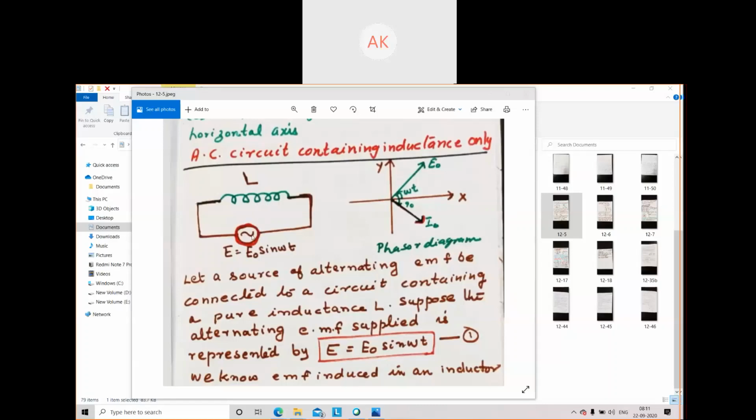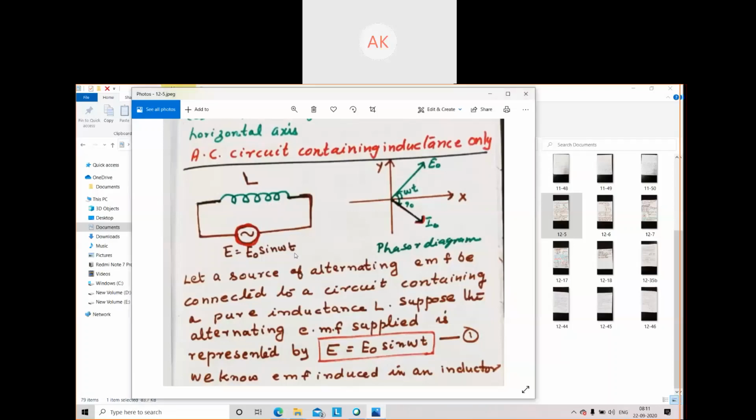When a varying current is passed through the coil, AC is a varying current, the flux linked with it will be changing because flux is directly proportional to I. So I is varying, so flux is varying. As the current is AC, at every instant current is varying, so the flux linked with the coil varies, and due to the inductance of the coil, it opposes that change in flux.